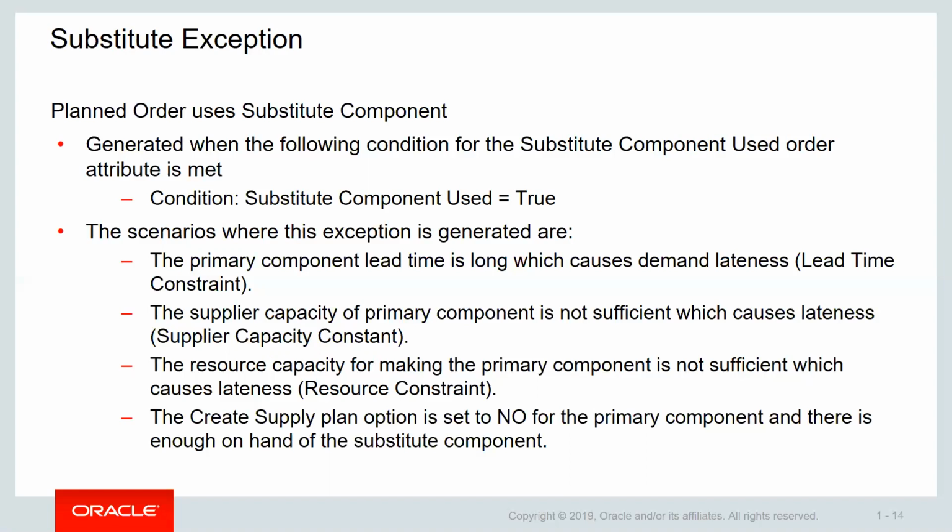On the other hand, this exception should not be generated when there is no lead time and capacity constraint for the primary and if all the demands can be met on time. Or there is enough on hand of the substitute item, but there are no lead time or capacity constraints for the primary. In this case, on hand of the substitute will be pegged to excess.